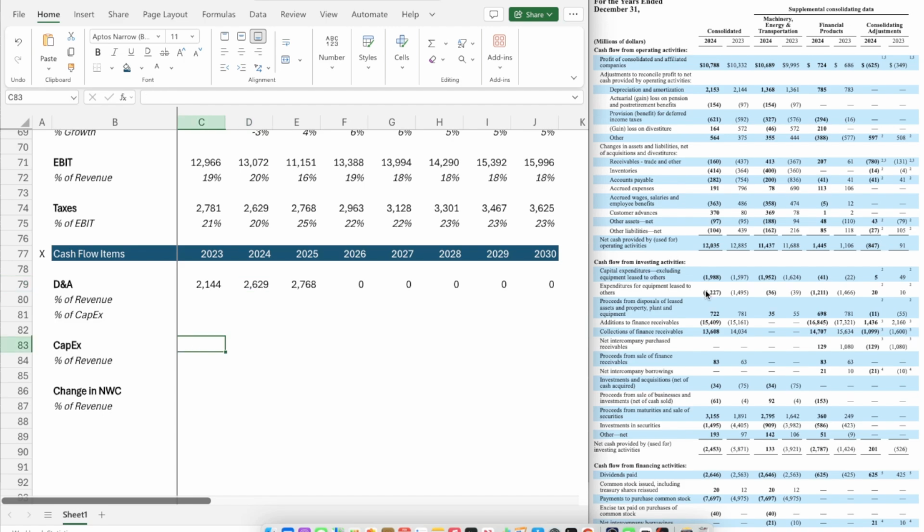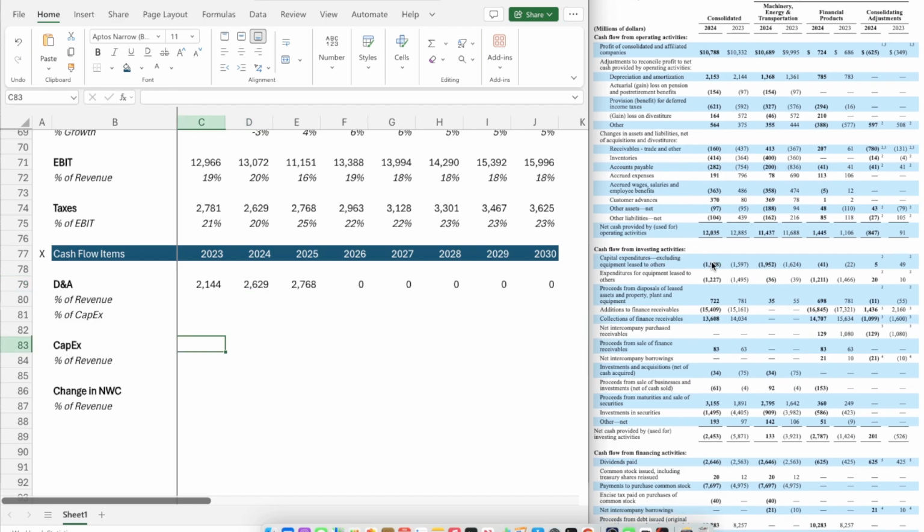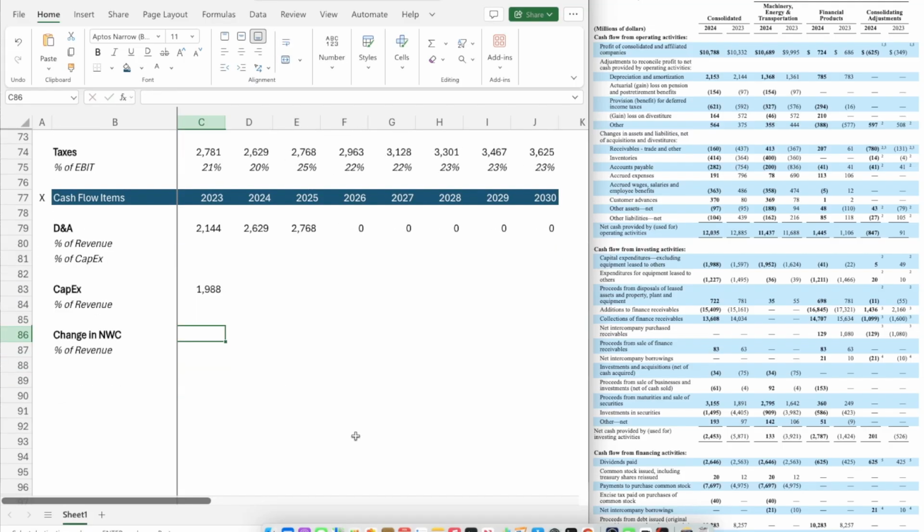The capital expenditure, then we'll go into the 1988. Change in net working capital. Oh, sorry, it is 1597. Change in net. We sum these up. Of course, sum.